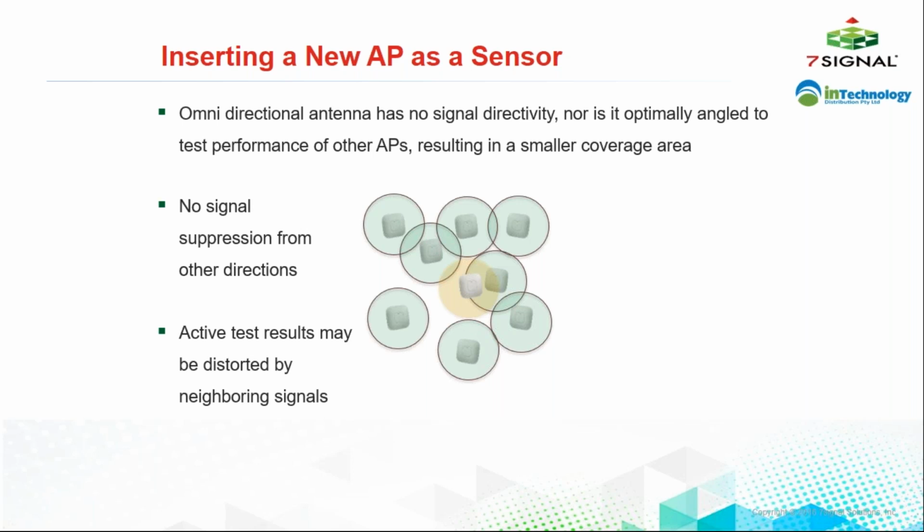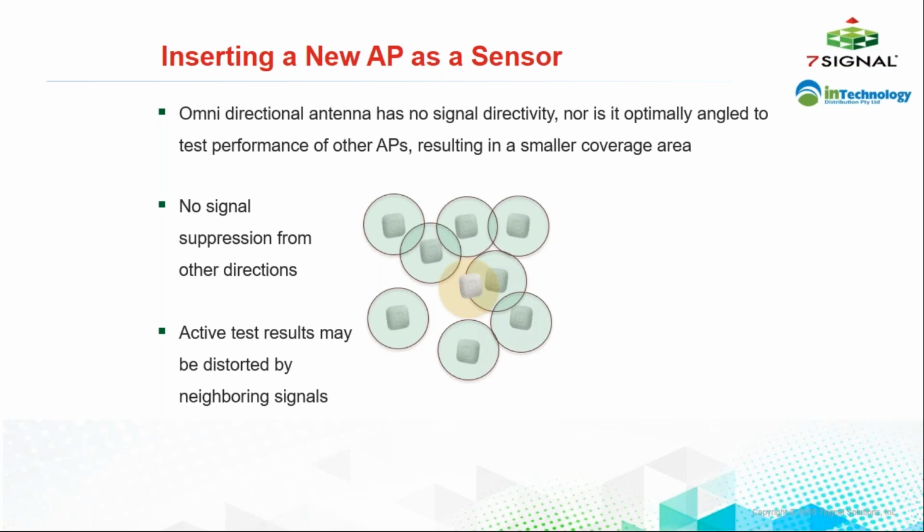The issue that we run into is that, because it's not purpose-built for Wi-Fi performance, the omnidirectional antenna inside is not optimal for connecting to other access points and is not optimal for testing the performance or the capabilities of the other APs and what they're doing.